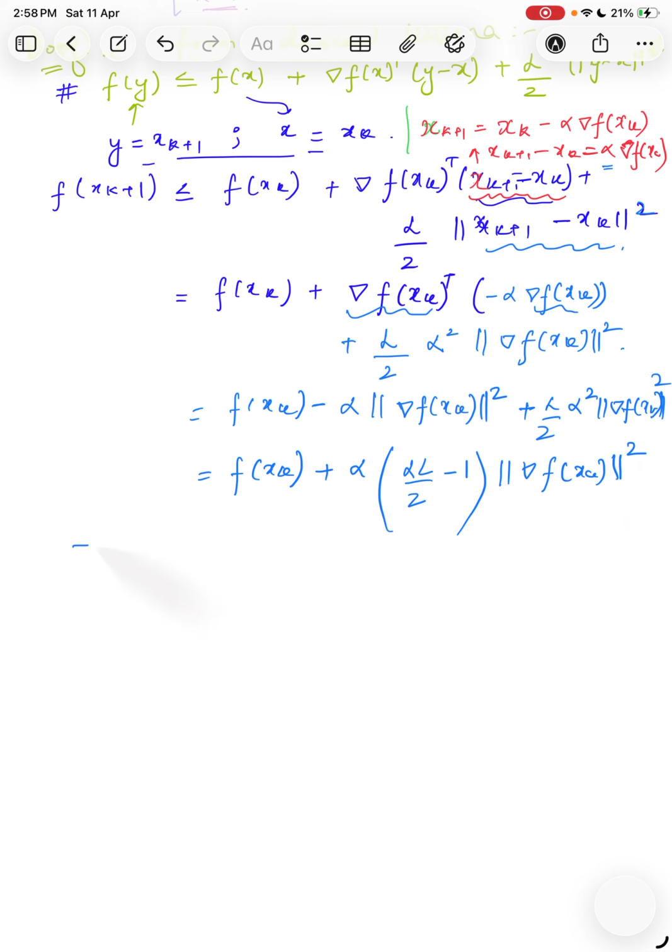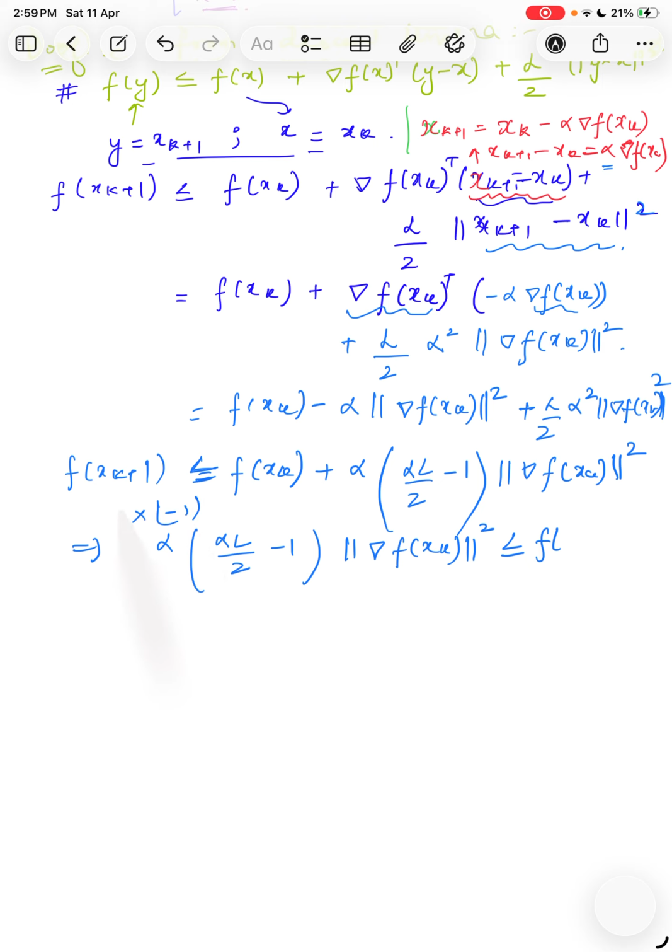Fine, so you can simplify this further to get alpha times alpha L by 2 minus 1 times the norm of del f of xk whole squared is less or equal to, because this sign will continue, f of, so this was your f of xk plus 1, and if you multiply on both sides by minus 1, then your inequality will get reversed.